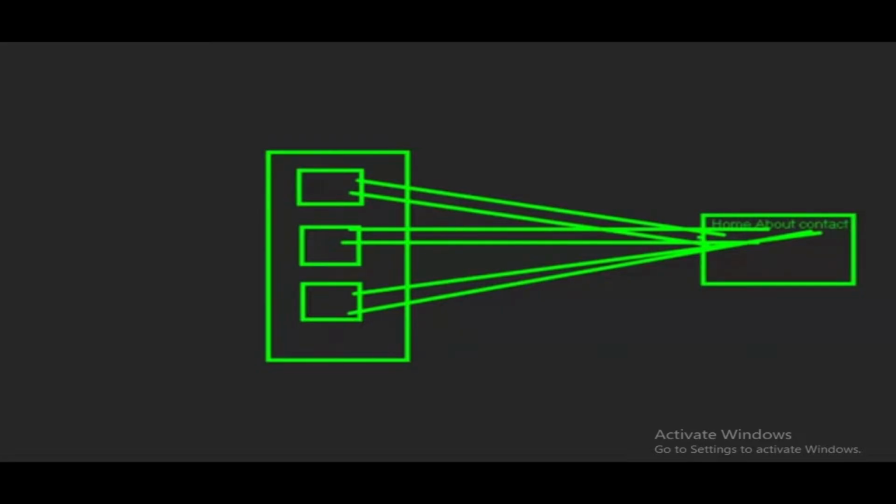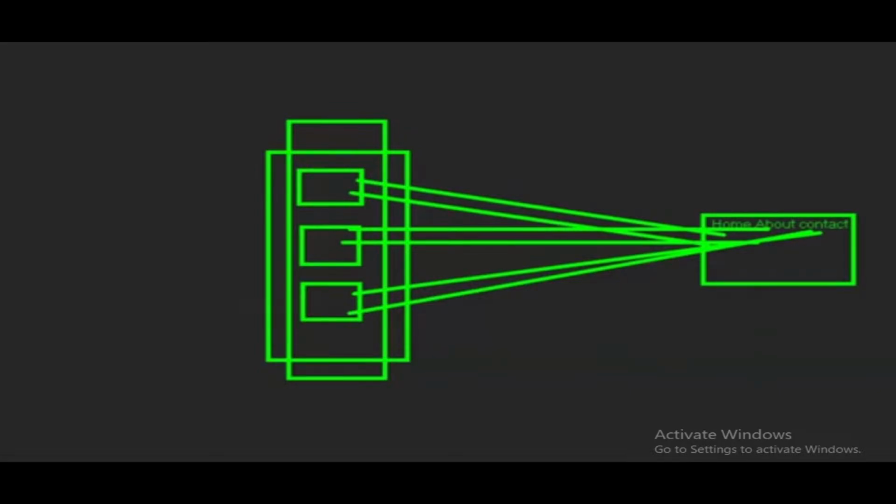What is the main purpose of the single page application concept? Here, the entire site we are creating as one object. All these pages, in React we call them components. All these components we hold as one object.